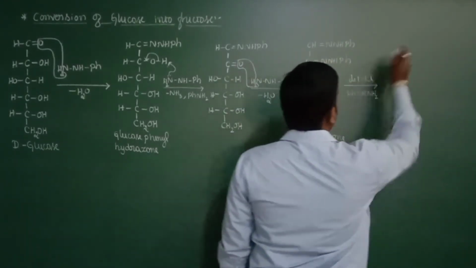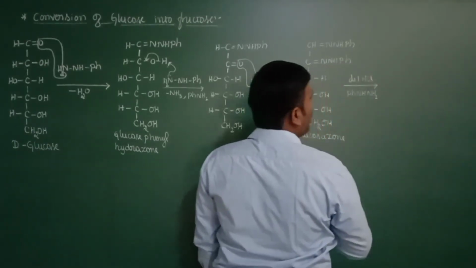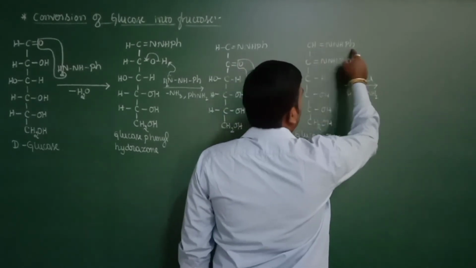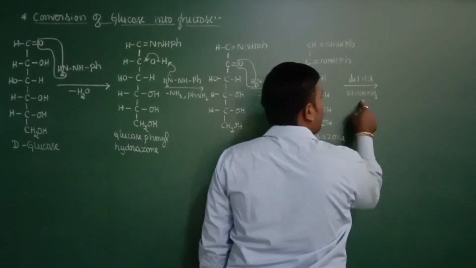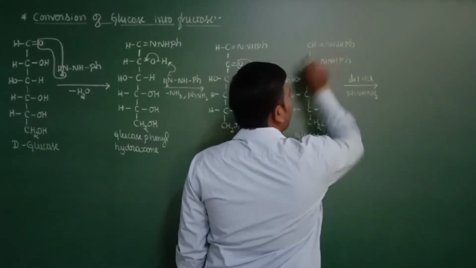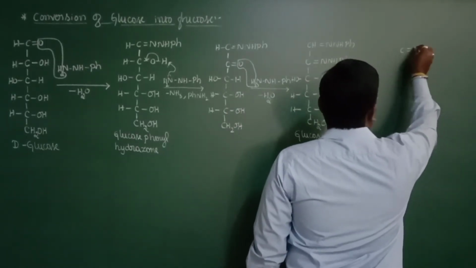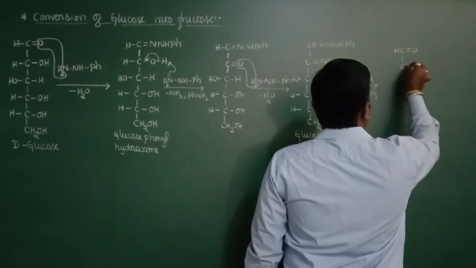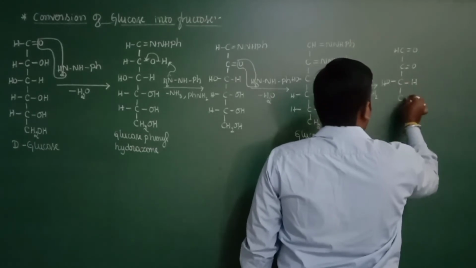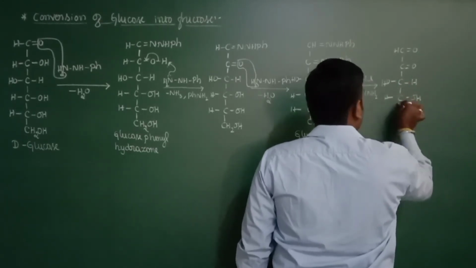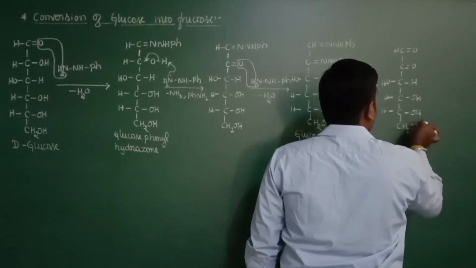So oxygen will come over here, and that gives rise to C double bond O. And here also the group which is present, PhNHN, will get eliminated in the form of PhNHNH2, and here also we are getting oxygen. Okay, so we will be having CHO, C double bond O, C, H, OH, and at the fourth position, fifth position, and at the sixth position we will be having CH2OH.